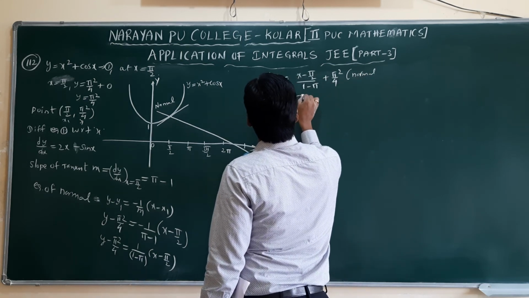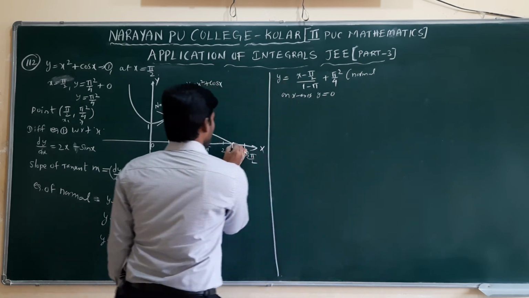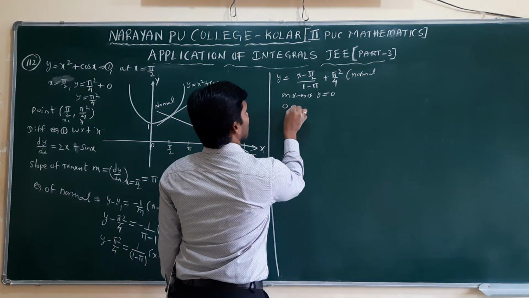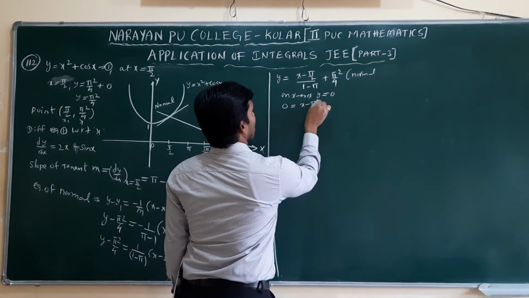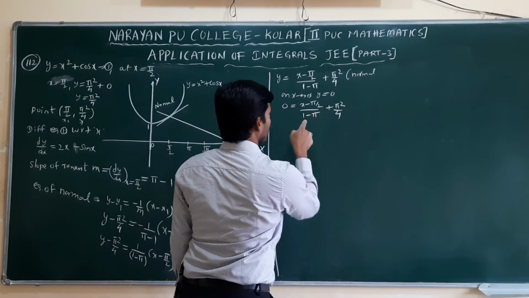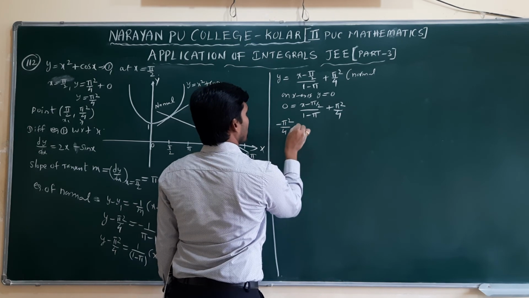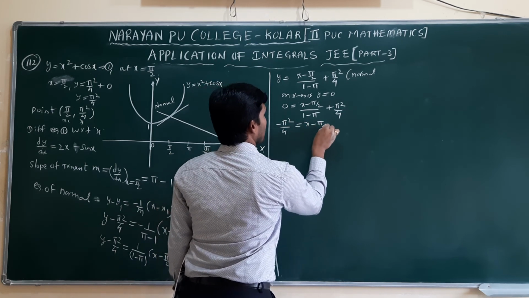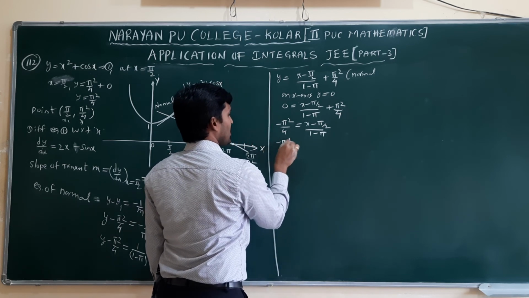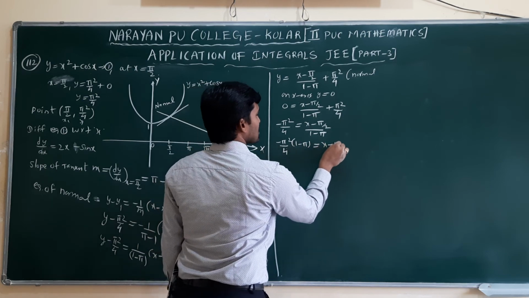On the x-axis, y value is 0. The x value we don't know, because we want limits. y equal to 0 means x minus pi by 2 by 1 minus pi plus pi square by 4. Now take this whole term to this side: minus pi square by 4 equals x minus pi by 2 by 1 minus pi. Cross multiply: minus pi square by 4 into 1 minus pi equals x minus pi by 2.